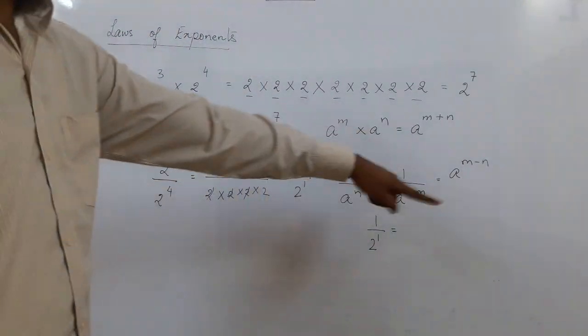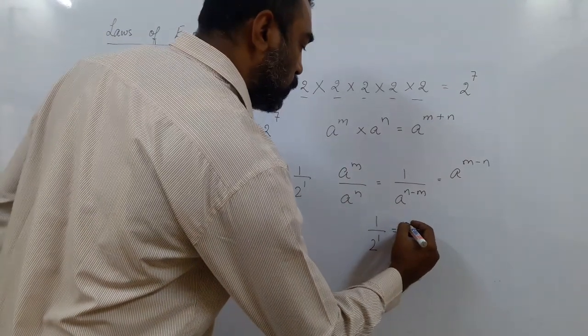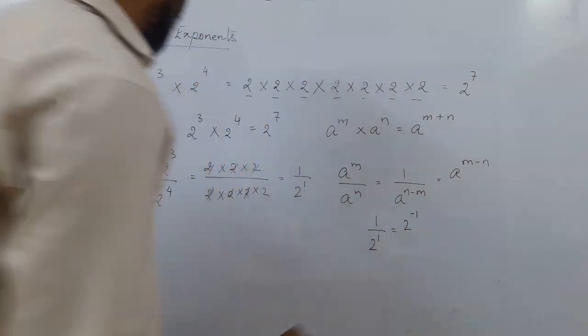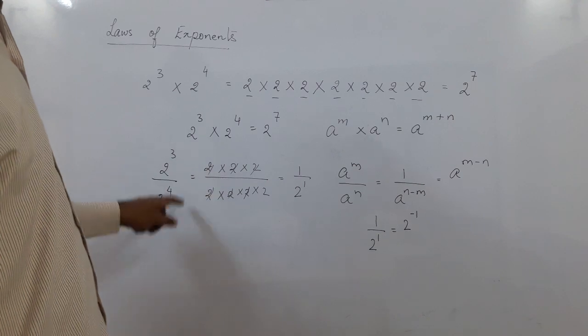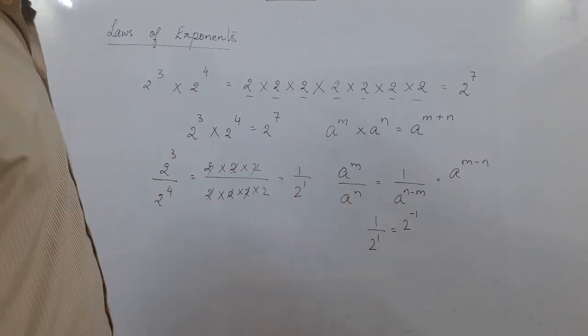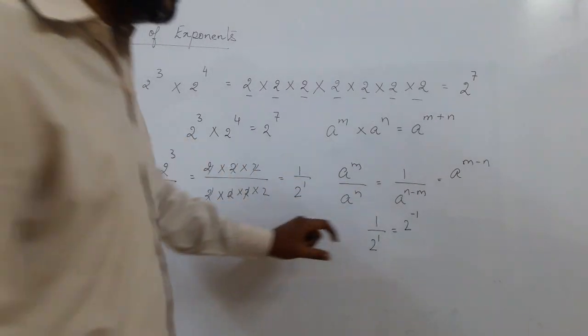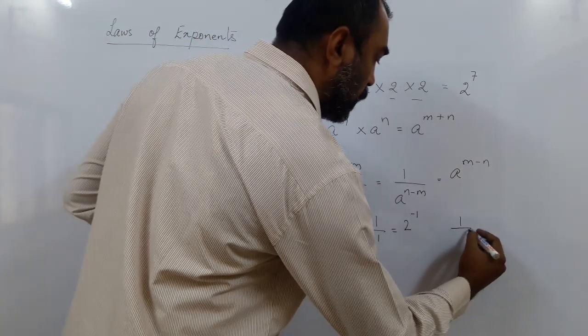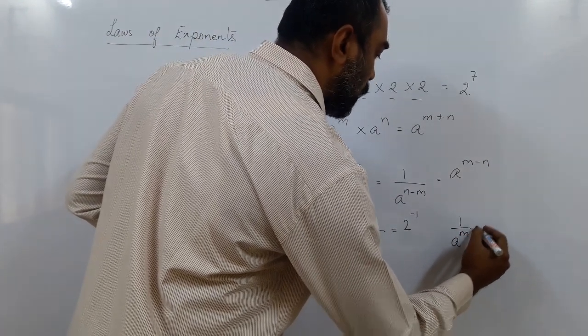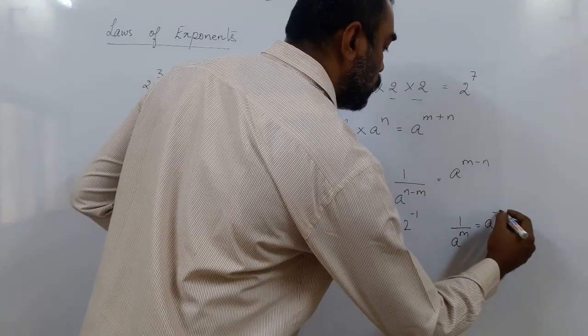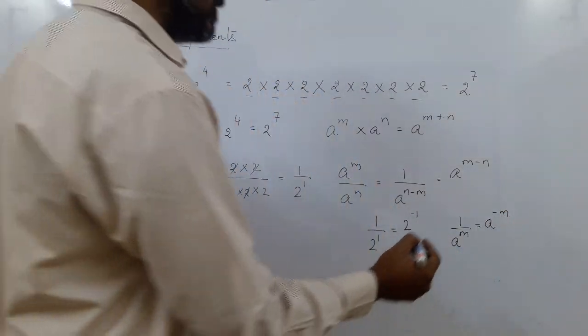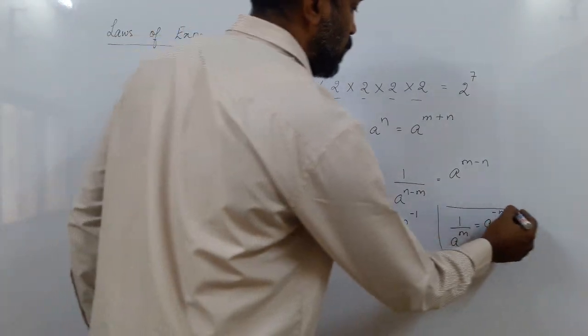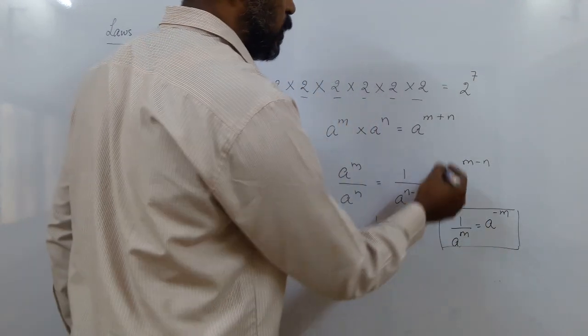When you took the 4 up, you get 2 raised to minus 1. Why? When you take the 4 here, then 3 minus 4 becomes minus 1. So this is one more rule you see. How we write? 1 upon a raised to n is a raised to minus n. Remember this. This is a very, very important rule for the negative powers.